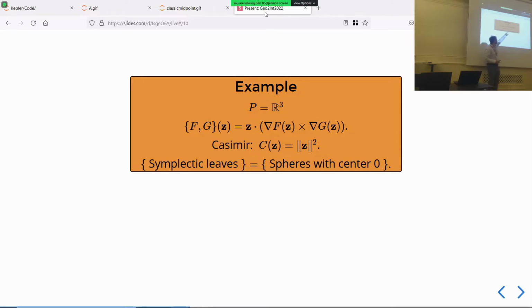You see here, if you put in C of z equals the norm of z squared, then if I plug that into the bracket, I'm going to get the vector triple product with z and the gradient of C, which is going to be proportional to z. And you plug it into this triple product, you're going to get 0.